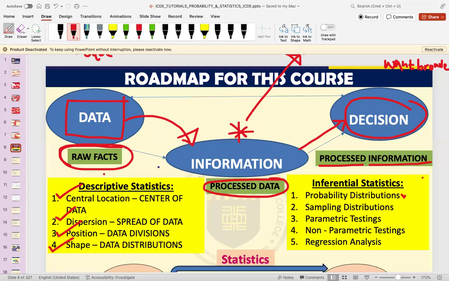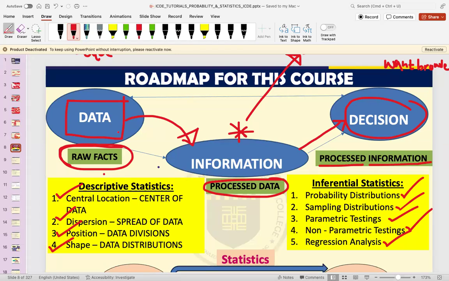One, we'll use probability distributions to get decisions out of information. We'll also use sampling distributions to get decisions out of information. We'll use parametric testings, non-parametric testings, and possibly regression analysis to also get informed decisions from the information we have. And this is a clear roadmap we have.